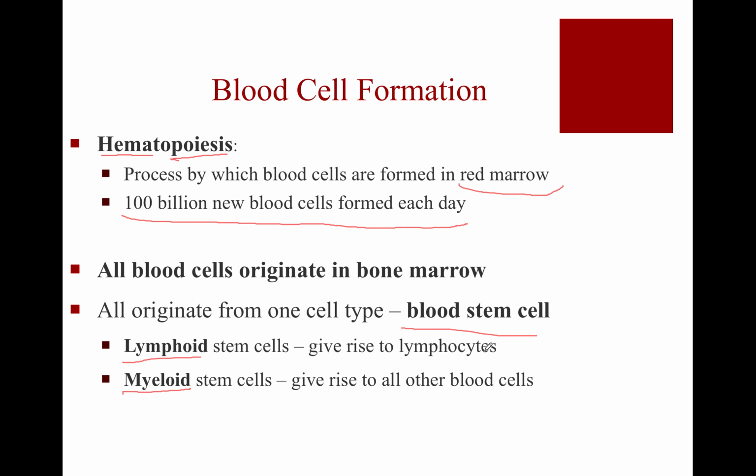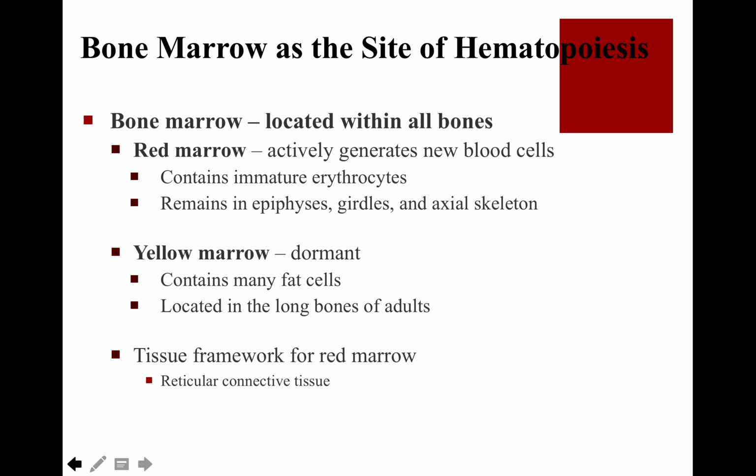If you remember, lymphocytes, the category of white blood cells that gives you your B cells and T cells, have their own category of stem cells called lymphoid stem cells. Every other type of white blood cell, as well as platelets and red blood cells, is produced by myeloid stem cells.